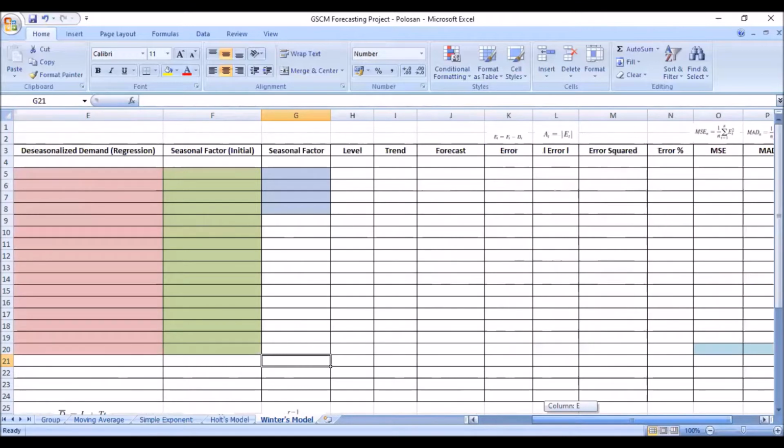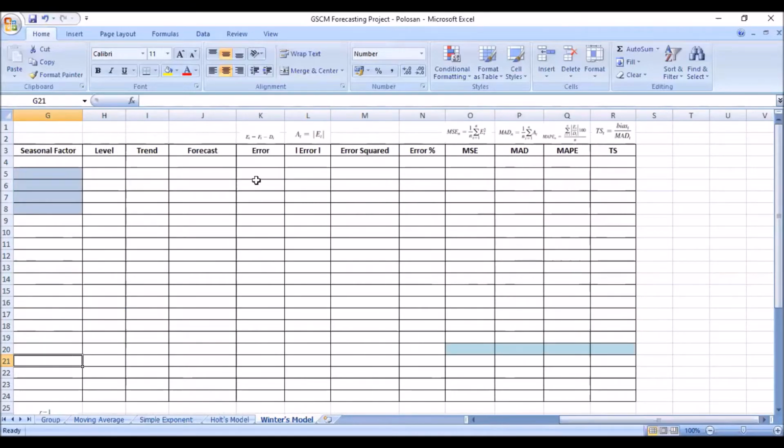After we have found the forecast, we move on to the errors. Start from the error first, where error E(t) equals F(t) minus D(t), which means the error is found by forecast minus demand, because it shows the difference between the forecast and the demand, like how big the error or the difference is. Then we use the absolute error, which means the error is pulled out of any negative signs. Then we find the error percentage, which is 100 multiplied by the error divided by the actual demand.